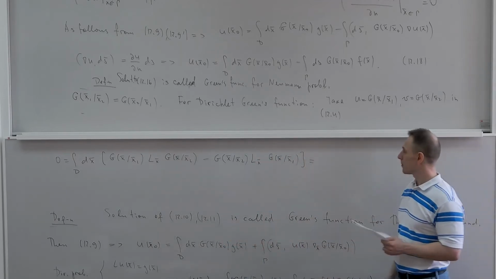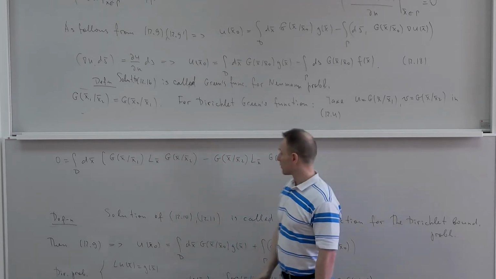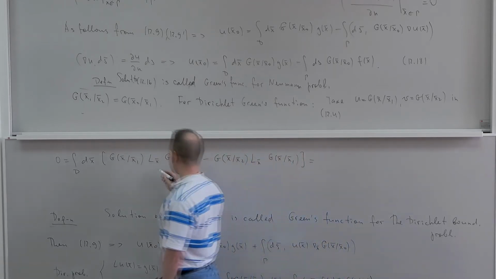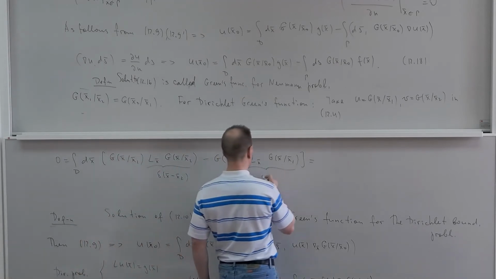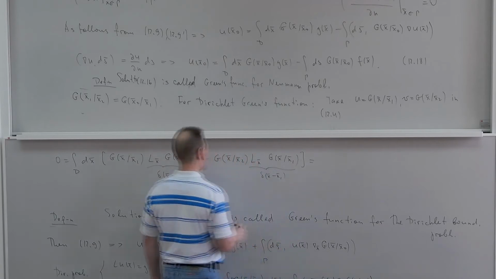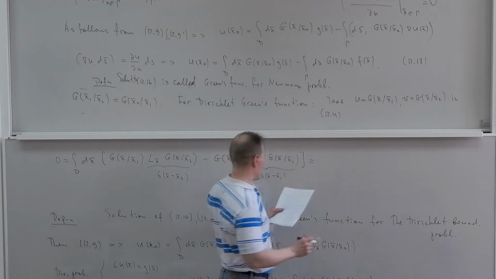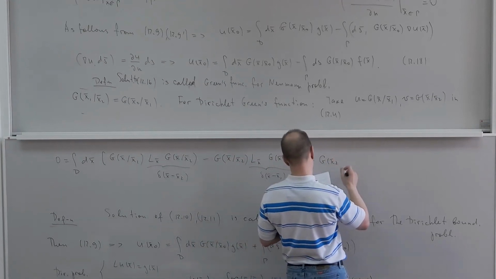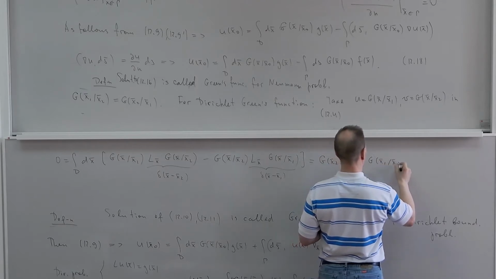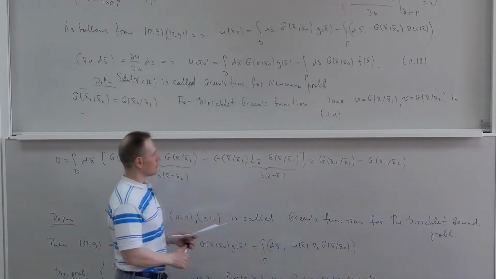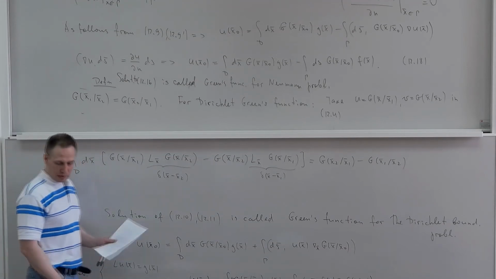We have the following relation. Now we use the fact that G is a fundamental solution, and we can replace this combination by the delta function. These delta functions remove integration, and so we have this. And so we see that the Green's function is a symmetric function of its variables.